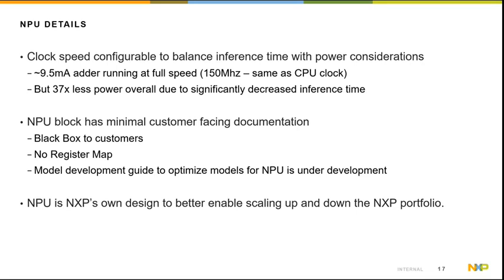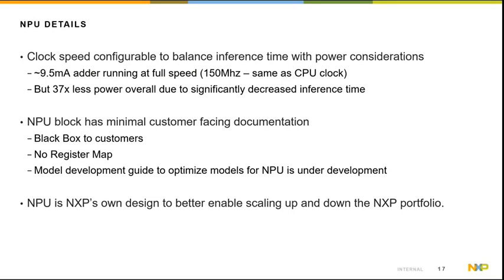The key thing, though, is that because the inference time is so much less, you end up saving a ton of power. Instead of taking 500 milliseconds to run your inference, with the CPU clock going the entire time, by using the NPU you can do that same calculation in 10 milliseconds. So the amount of time they need to be awake and actively running is significantly lower, and you end up saving a ton of power.